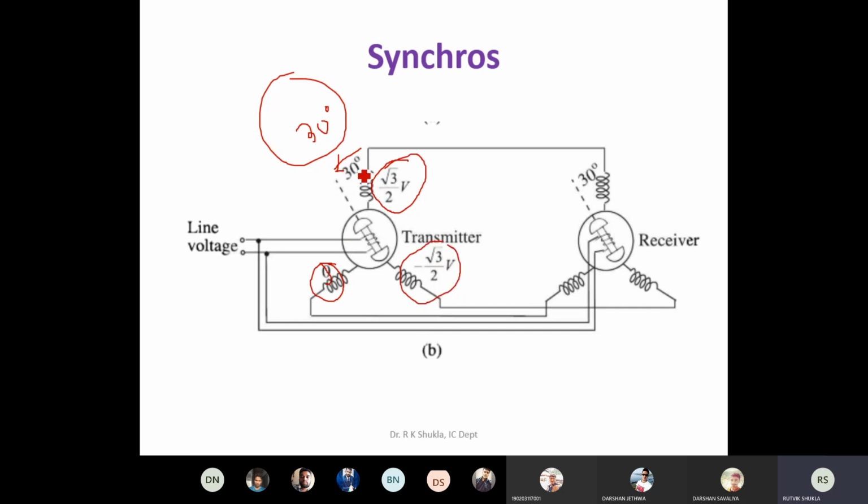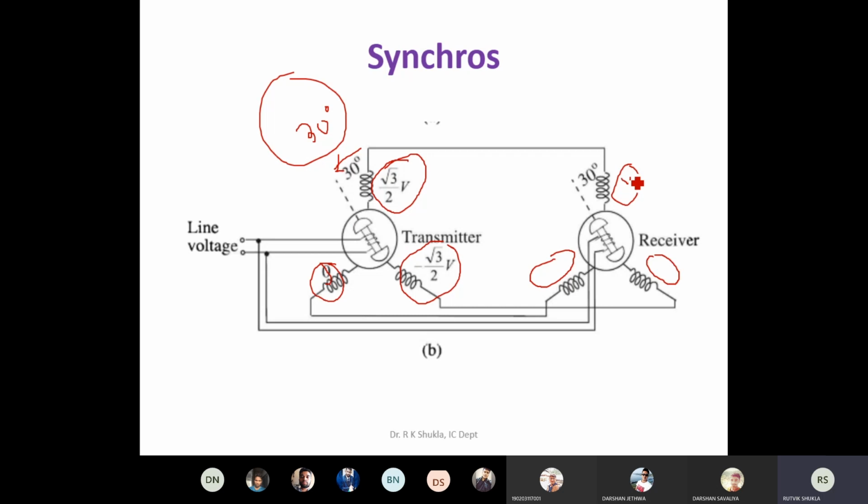It means by moving the rotor by 30 degree, you are getting 3 different stator voltages, and if I give the same voltages on the receiver side, then can I get the same rotor motion? Clear? The angular displacement of the rotor by 30 degree produces a stator voltage of √3/2, 0 and minus √3/2.